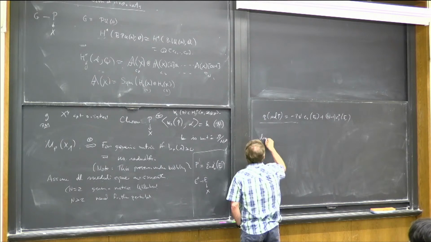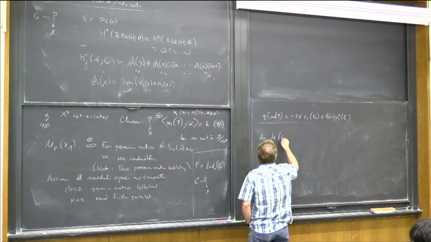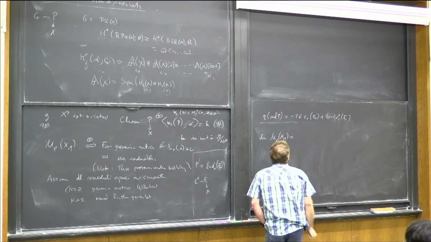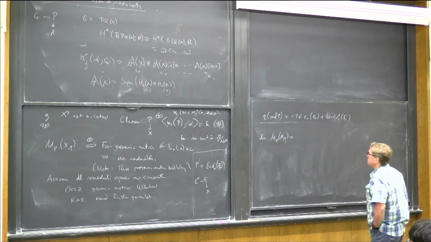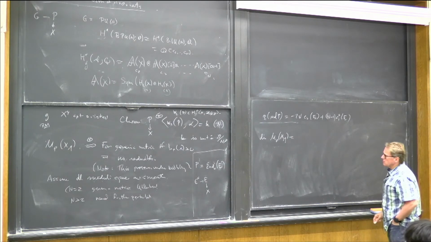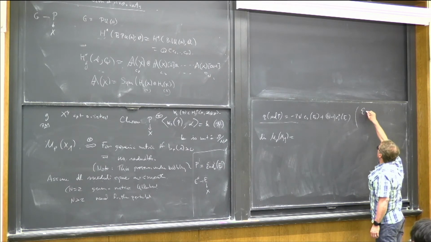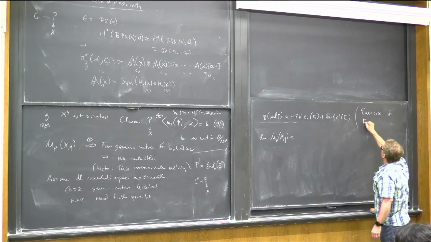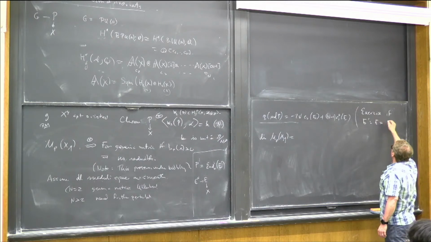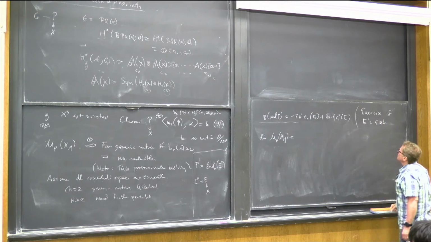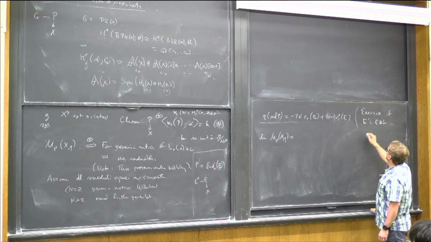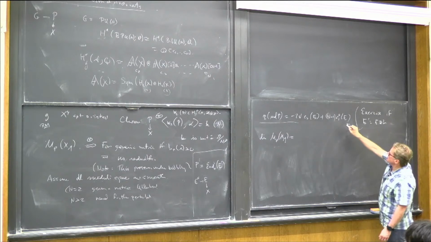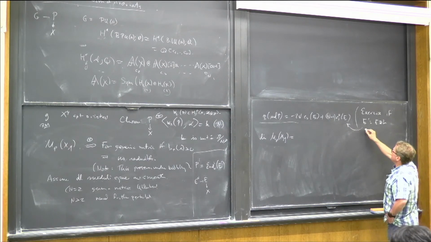so the dimension of this moduli space, yeah, by the way, it's an exercise that you should do. If E prime is E tensor L, then this slightly complicated expression is unchanged.